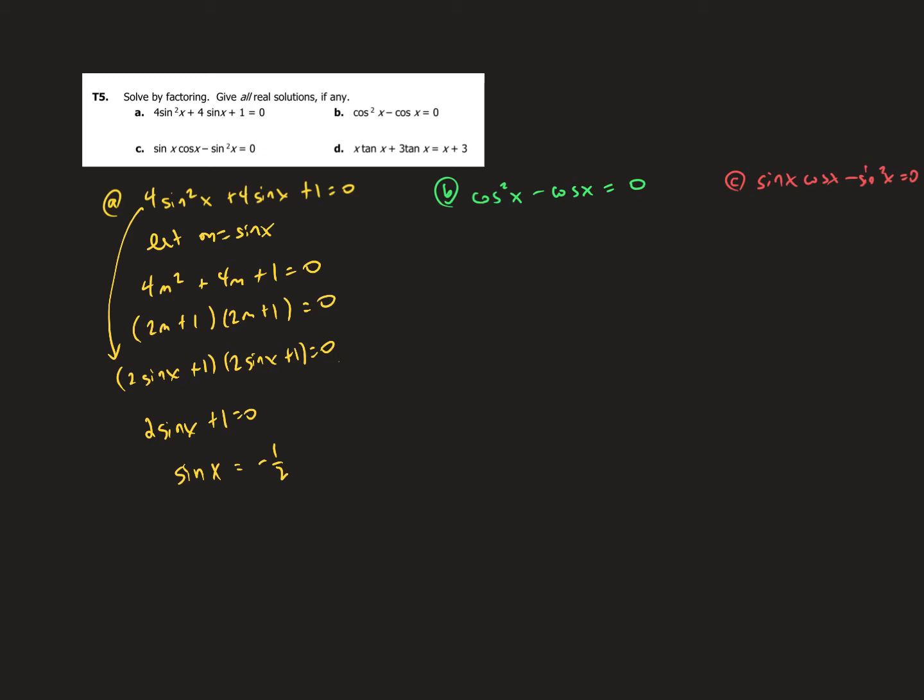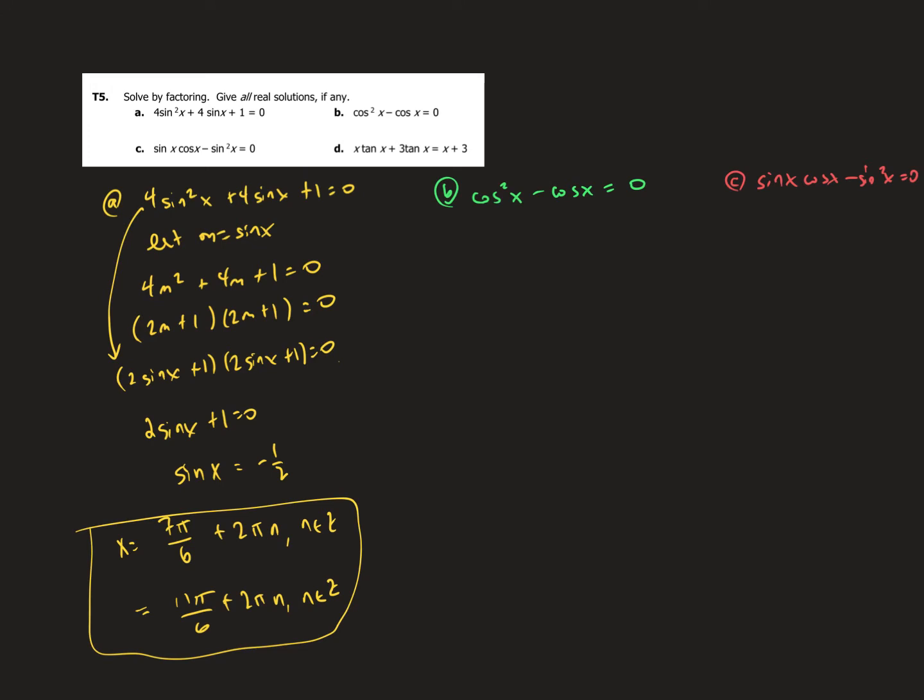Sine is the y value, so that would be at 7 pi over 6 and at 11 pi over 6. But since they were looking for all real solutions, we need to add 2 pi n, where n is an integer, because every rotation of 2 pi would land me right back at the same value.